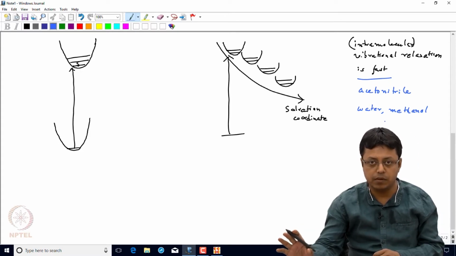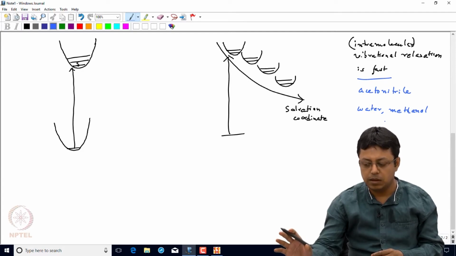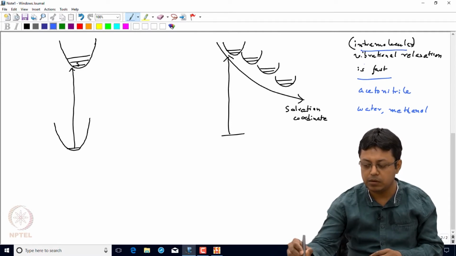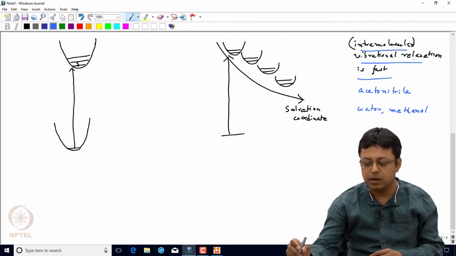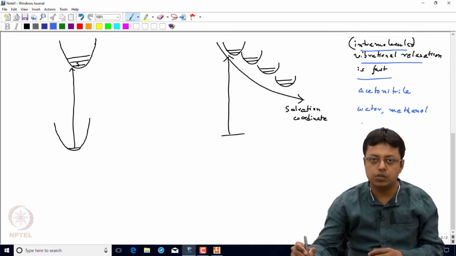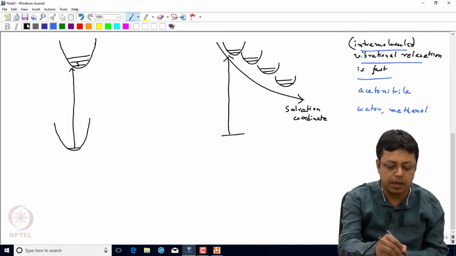So we have to be very careful there, because there is a fast component of solvation which is more or less equivalent to the fast vibrational relaxation time scale. But otherwise, it's a fairly good assumption that this intramolecular vibrational energy redistribution is fast compared to solvation. Now why are we making this assumption?